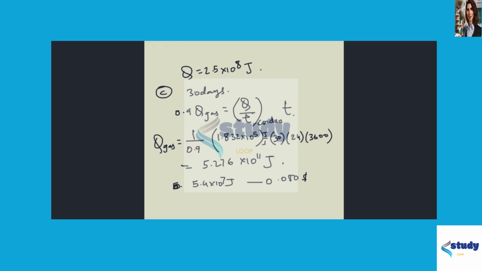So the total cost is equal to the total energy, which is 5.276 into 10 power 11, divided by the energy released by each kilogram, 5.4 into 10 power 7. This is the number of kgs of natural gas required. So to find the cost, we simply multiply this by 0.080, which gives us our cost in dollars, $781.65, which is about $780. Very costly indeed.